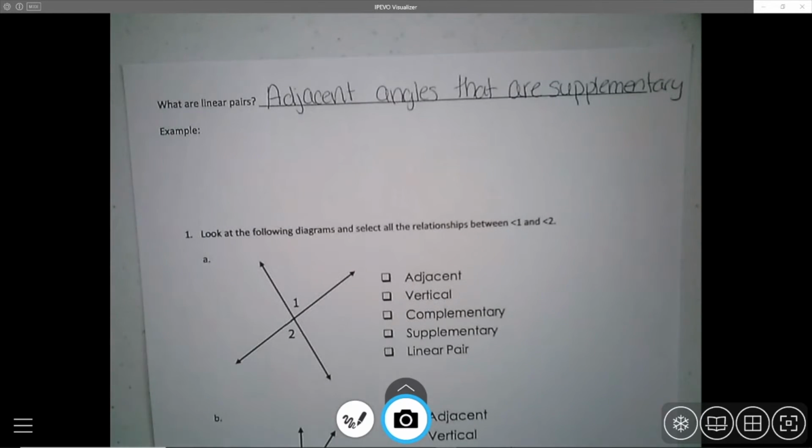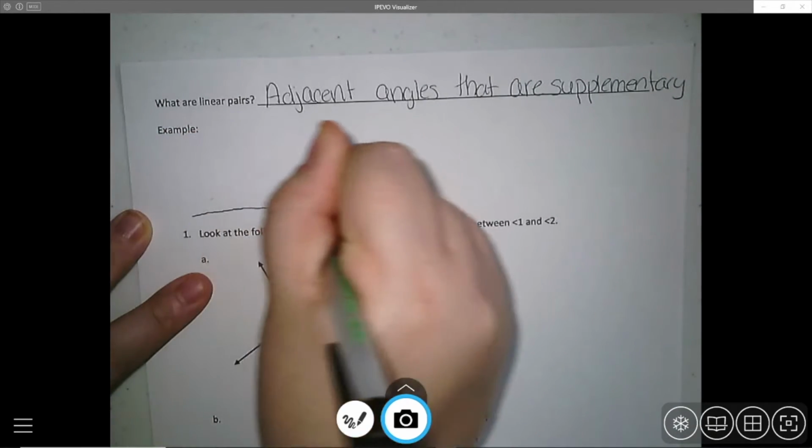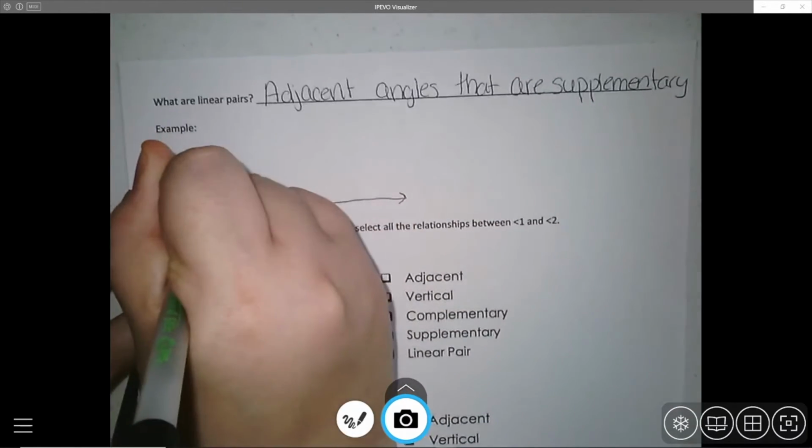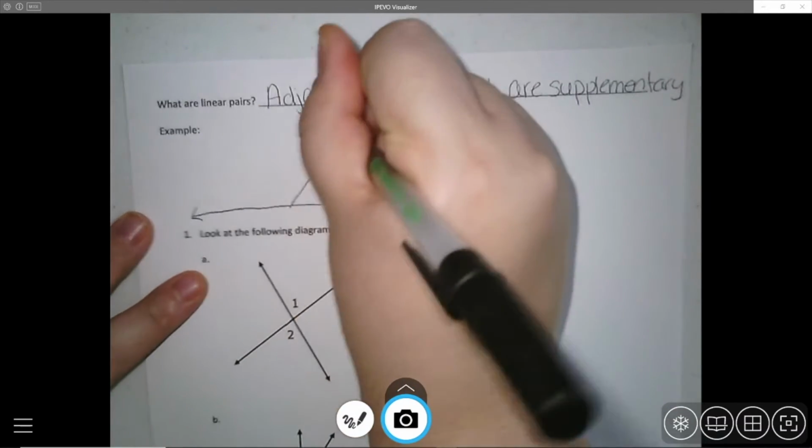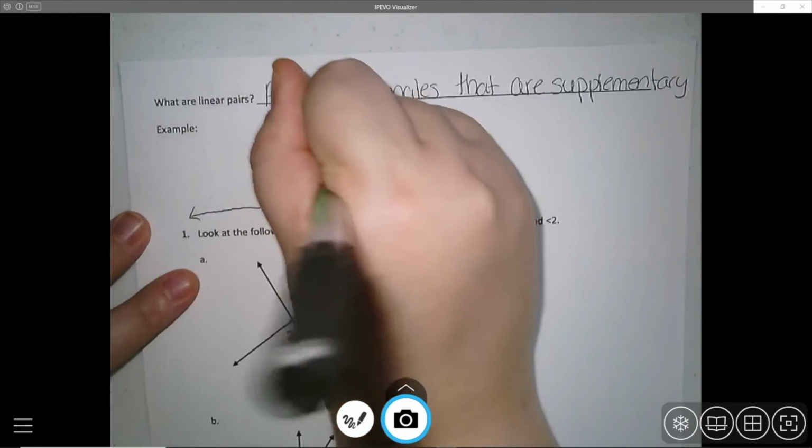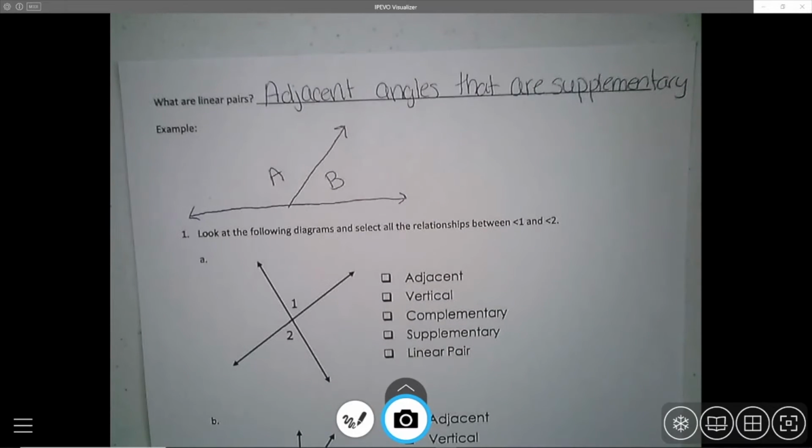Linear pairs are adjacent angles that are supplementary. There's only one way linear pairs look. They look like you have a straight line, and it's cut into two angles. We have A and B. That's the only way linear pairs look.